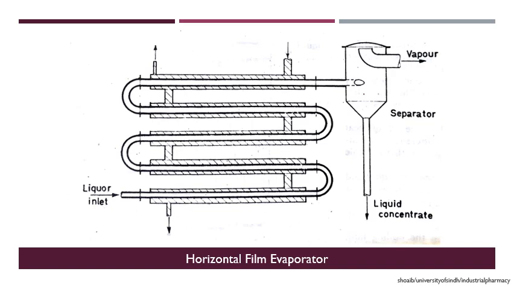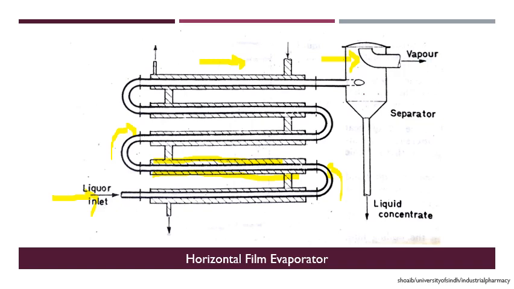Now in this, as you see, the liquid to be evaporated comes from this channel. It moves through these tubes and is eventually collected into this vessel. These tubes are covered by steam jacketed tubes, which provide the temperature.